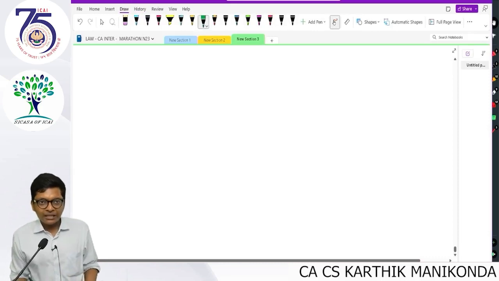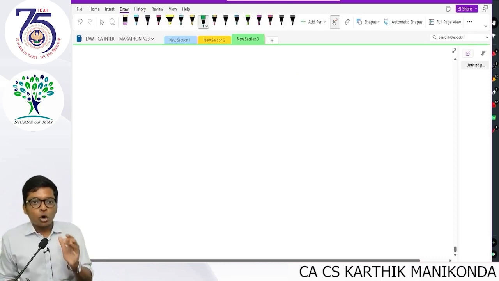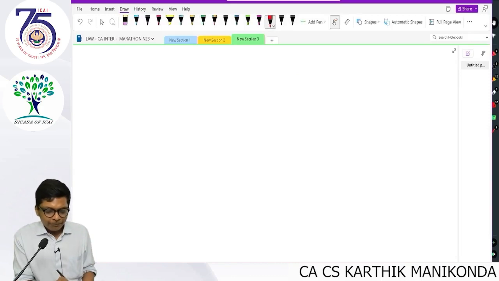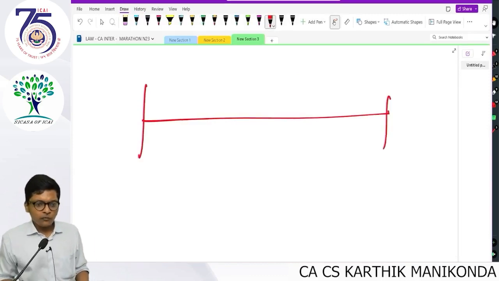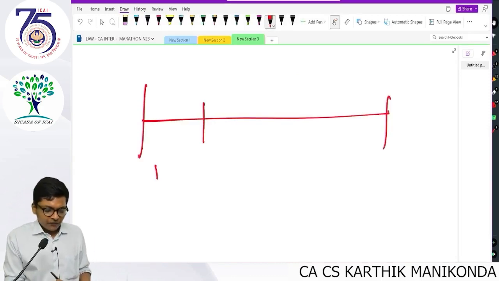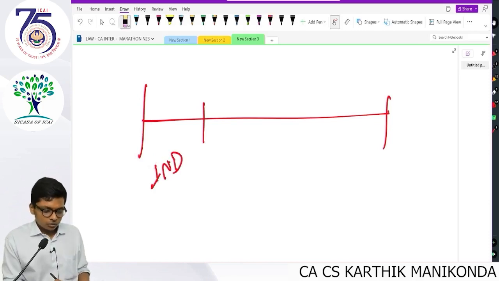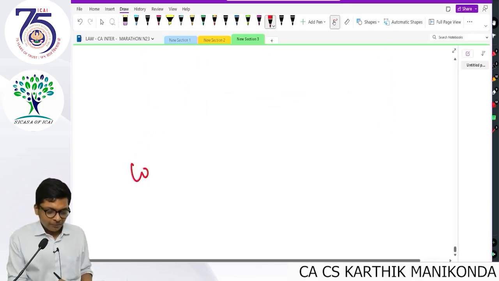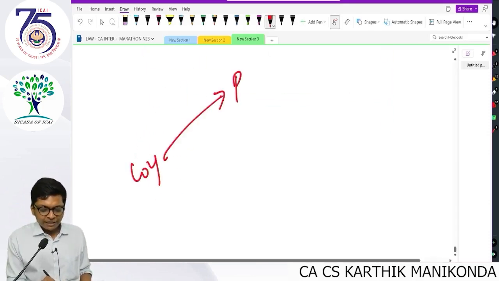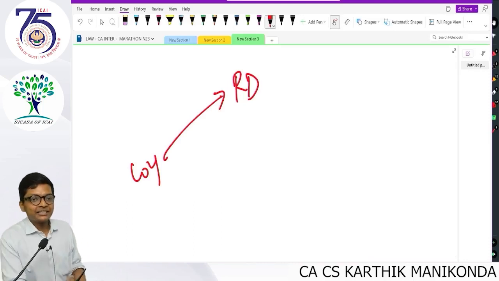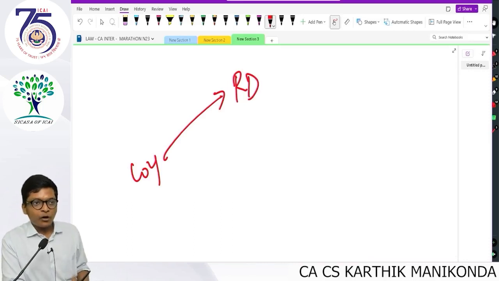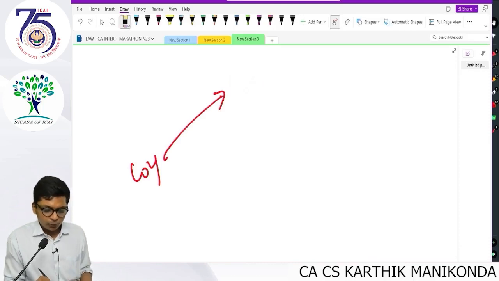Reduction of share capital happens only through court approval. It's a simple timeline. Every individual or the company will send an application to regional director for reduction of share capital. Tribunal.